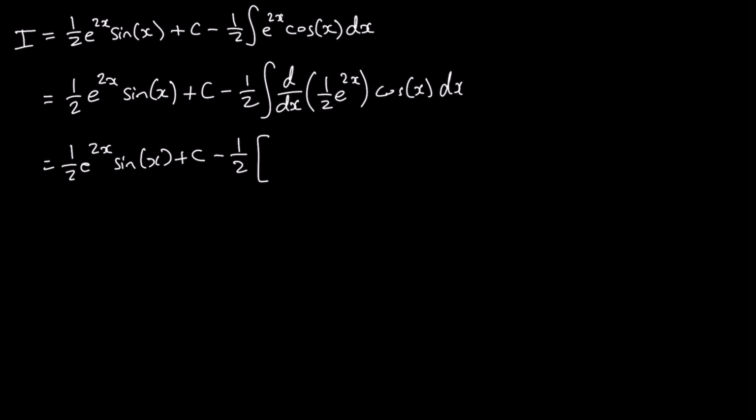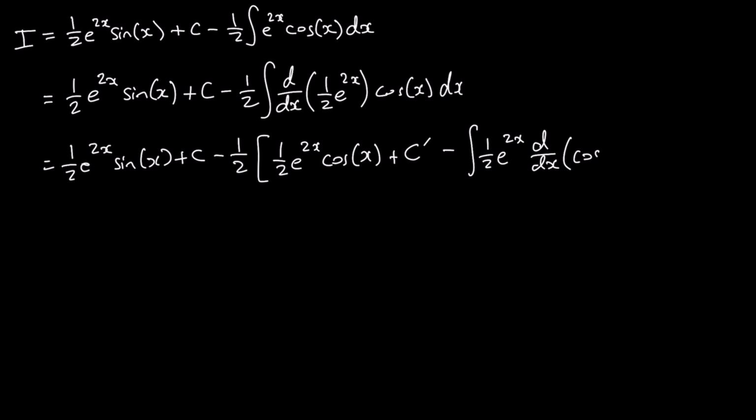So in here, I will have half e to the 2x cos x plus another constant of integration. Let's call it c prime. I'm just going to absorb it into c in the next line. So c prime, and then minus this integral of half e to the 2x, and then the derivative of cos x.